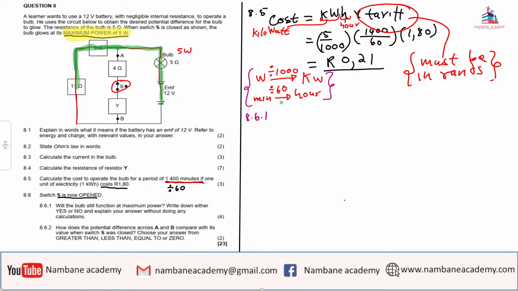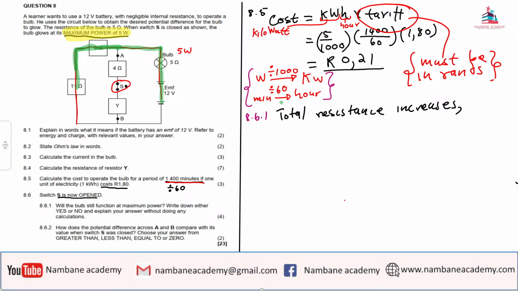Let's use black and say now, total resistance increases. And that is what we said. Connecting more resistors in series increases the total resistance of the circuit.